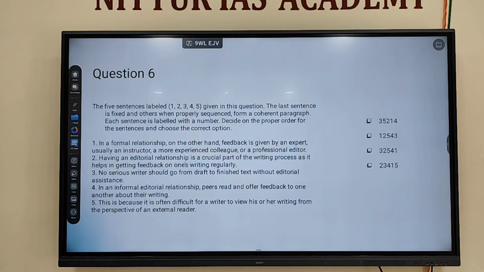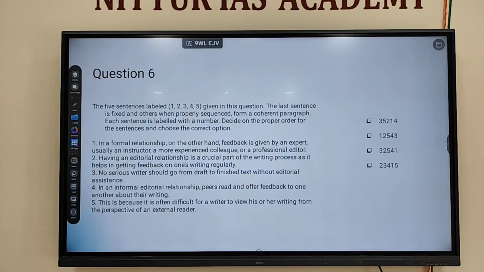There's no last sentence fixed. We need to identify the sequence. In a formal relationship, on the other hand, feedback is given by an expert, usually an instructor, a more experienced colleague or a professor, or a professional editor. Having an editorial relationship is a crucial part of the writing process as it helps in getting feedback on one's writing regularly.